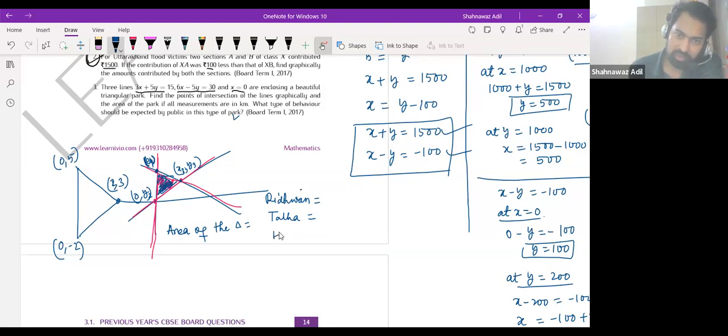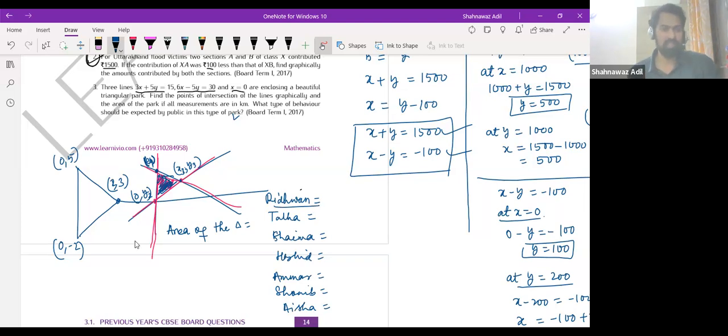Rizwan, Talha, Shaima, then Harshit. Okay, so Rizwan, how will we calculate the area of this triangle? All these coordinates are given. Using coordinates. So what would be the area of the triangle?